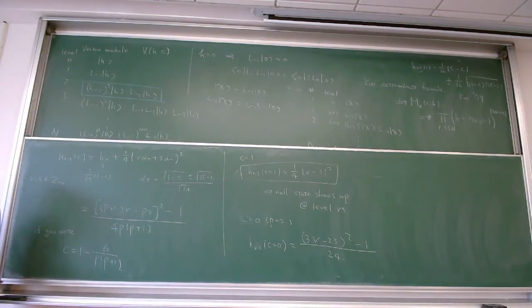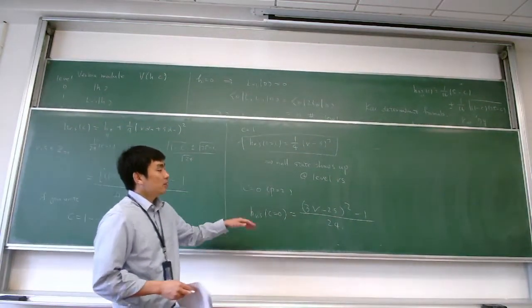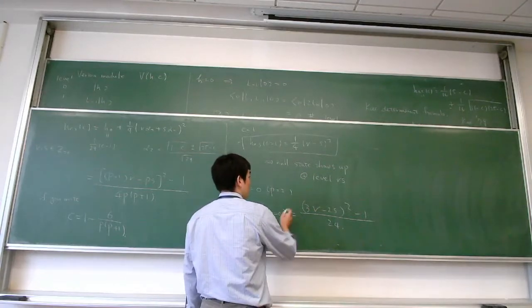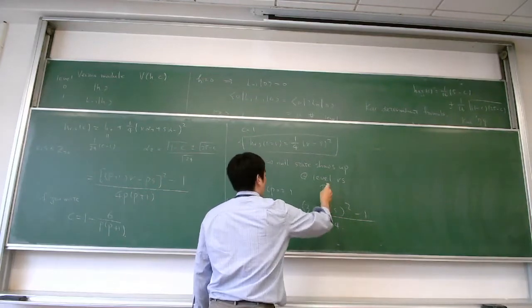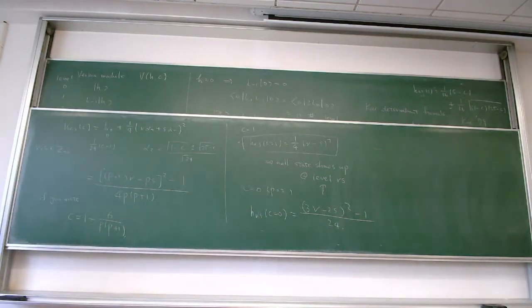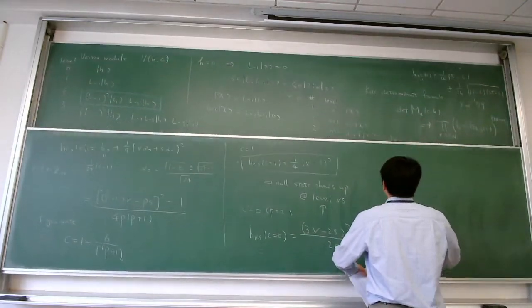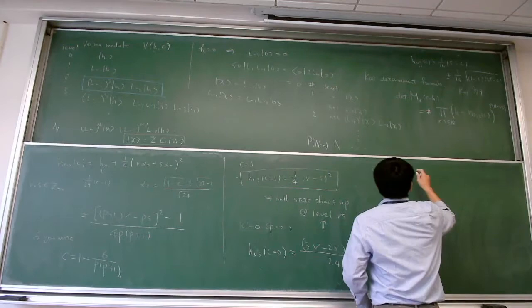So if this condition is satisfied, again, the same thing: null states will show up at level rs. Otherwise, the module is irreducible. So both modules are irreducible. Otherwise, one more module.